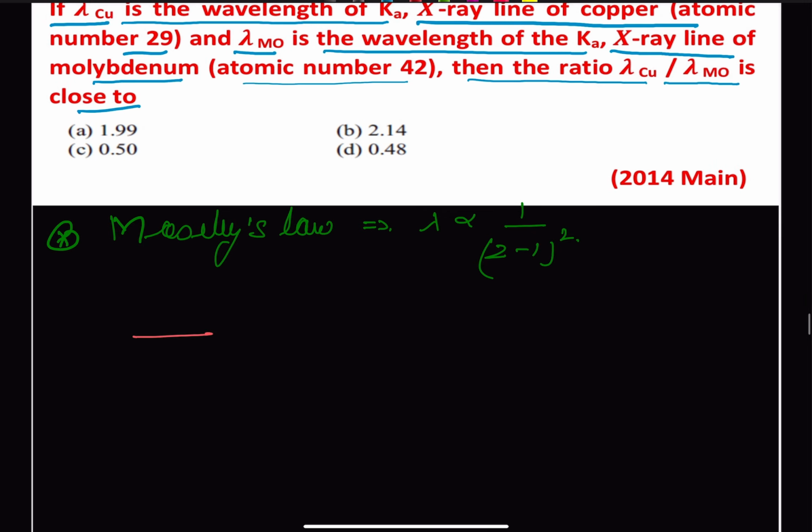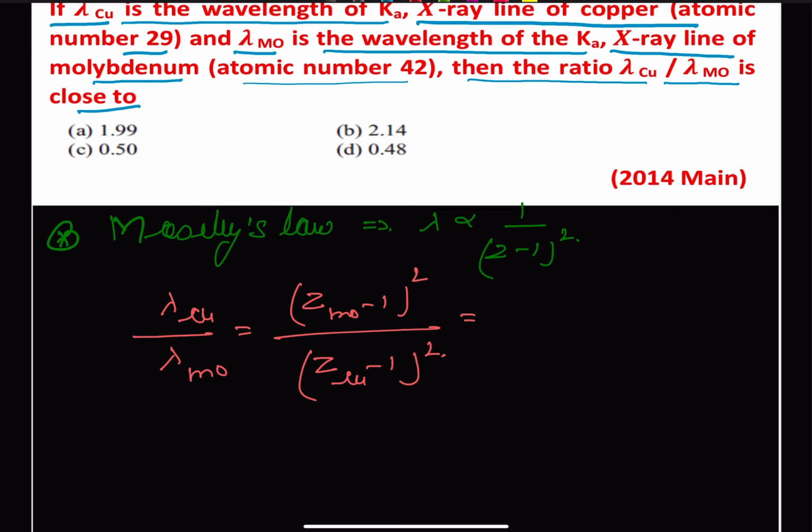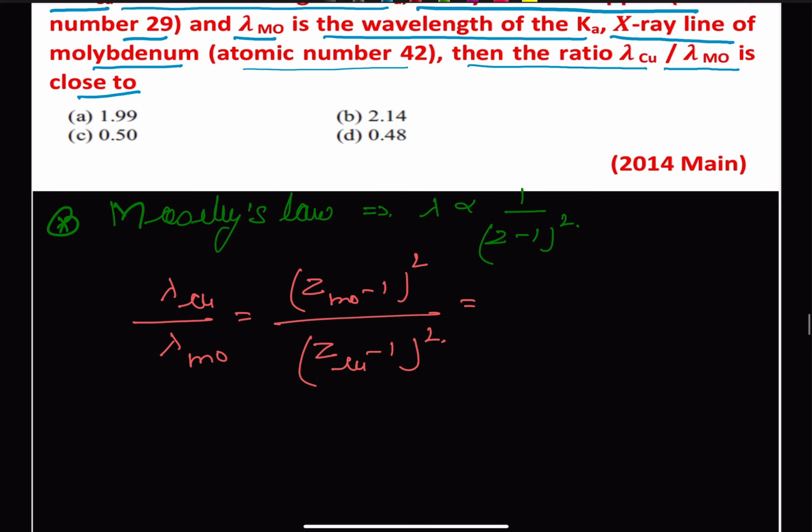We get lambda Cu divided by lambda Mo equal to (Z Cu minus 1) whole square over (Z Mo minus 1) whole square, and their values are given to us. We have 42 minus 1 and 29 minus 1, and this is approximately equal to 2.14. So option B is correct.